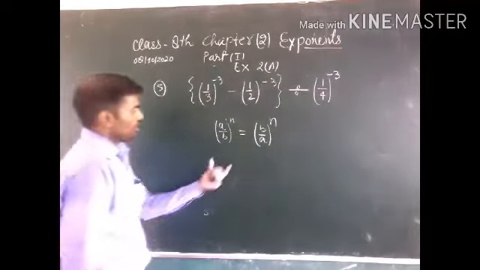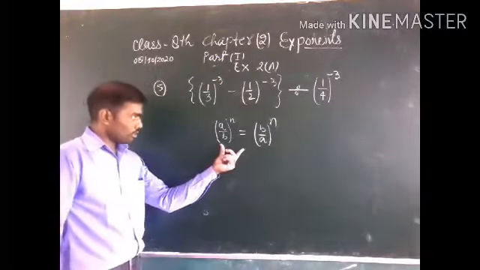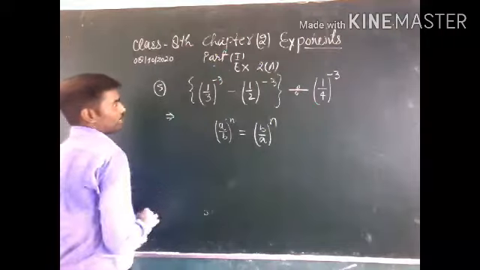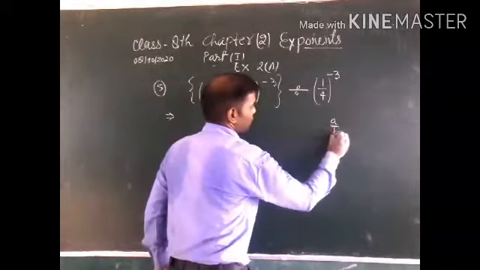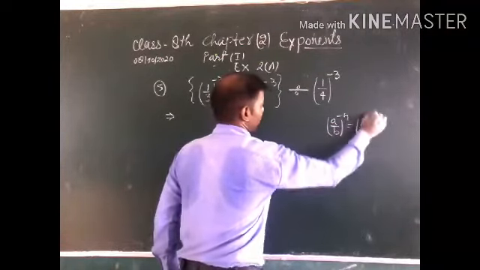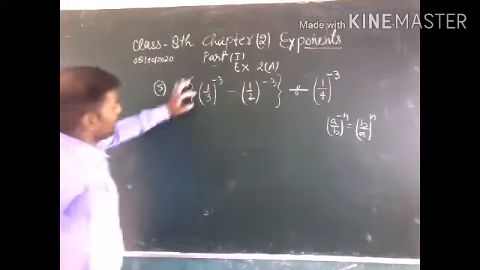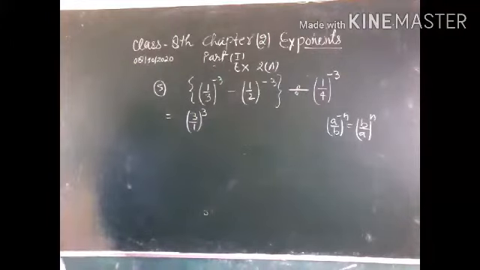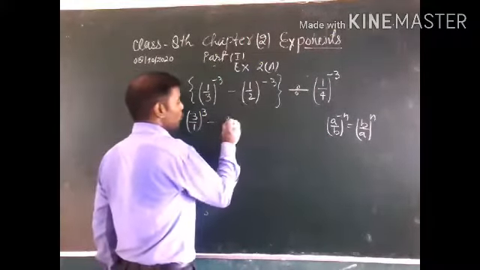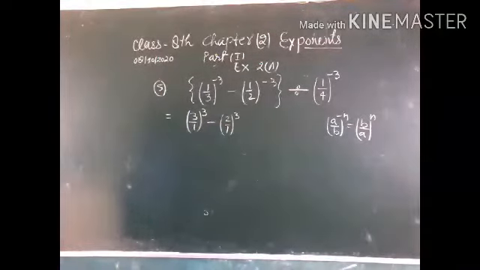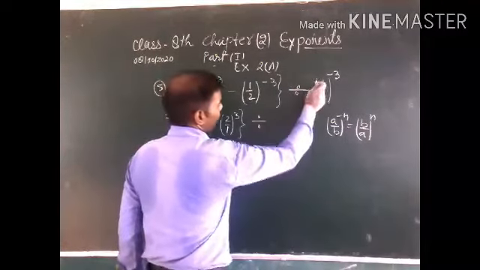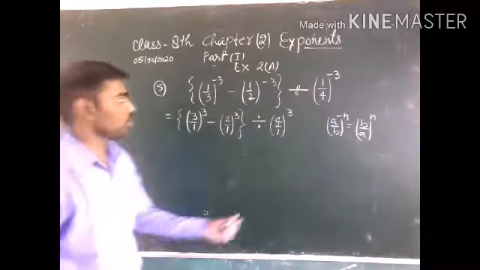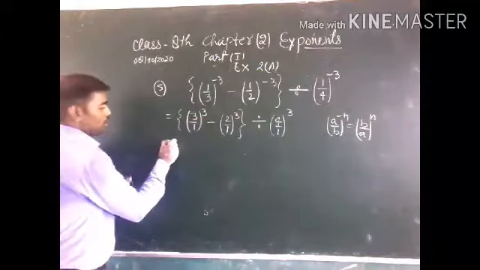So we use this formula in this question. (1/3) to the power minus 3 becomes (3/1) to the power 3, minus (1/2) to the power minus 3 becomes (2/1) to the power 3, divided by (1/4) to the power minus 3, that means (4/1) to the power 3. Now you can solve it easily.